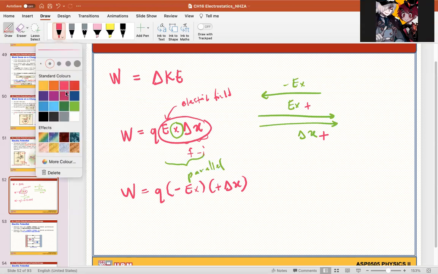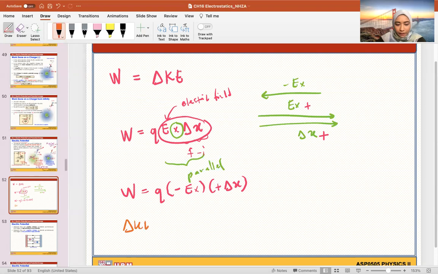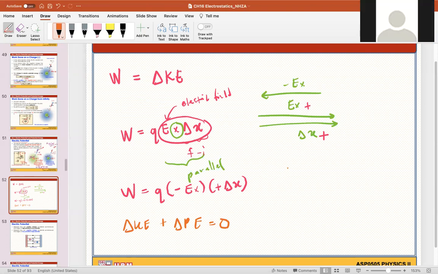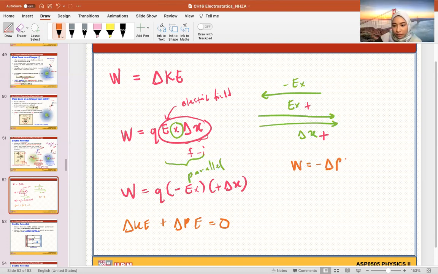Delta KE plus delta PE equals 0, betul. What about W and delta PE? What's the relationship? W is equal to negative delta PE, correct.